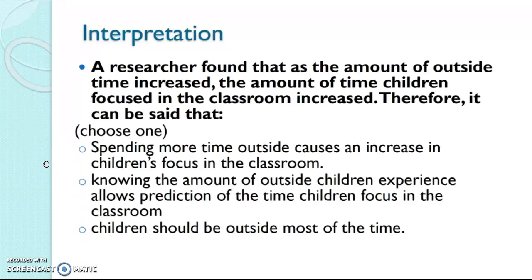Can we say that spending more time outside causes an increase in children's focus? Can we say that knowing the amount of outside time children experience allows prediction of focus time? Or can we say children should be outside most of the time? Once again, pause here, read through this. What do you think is the correct answer?